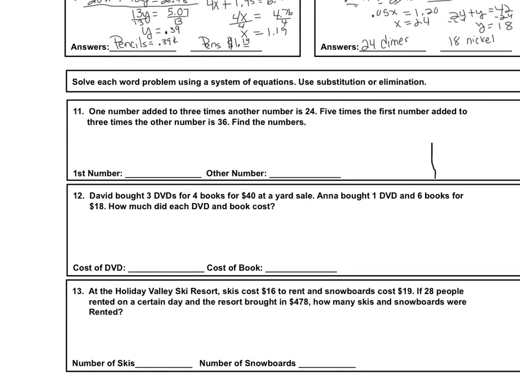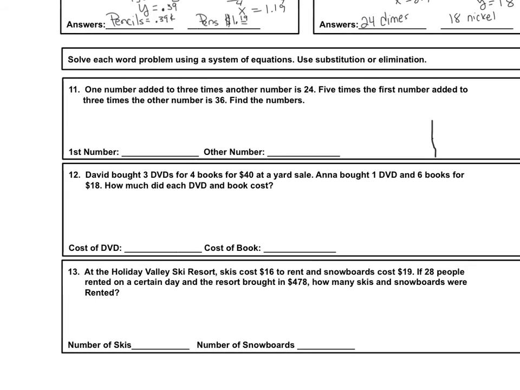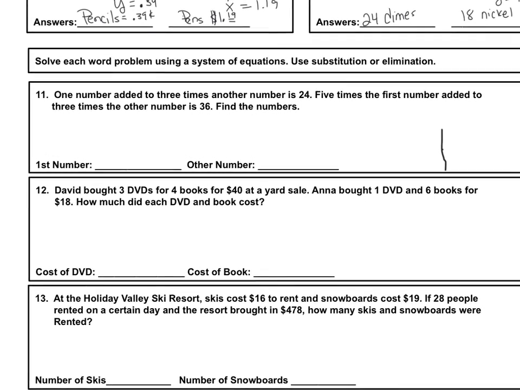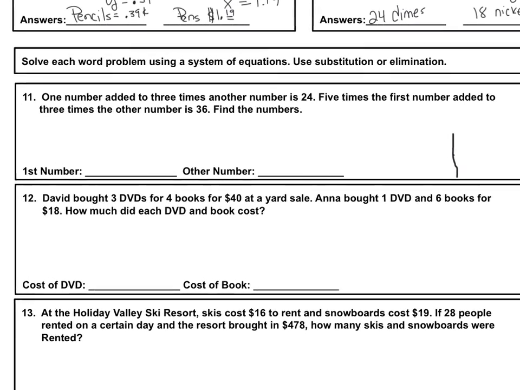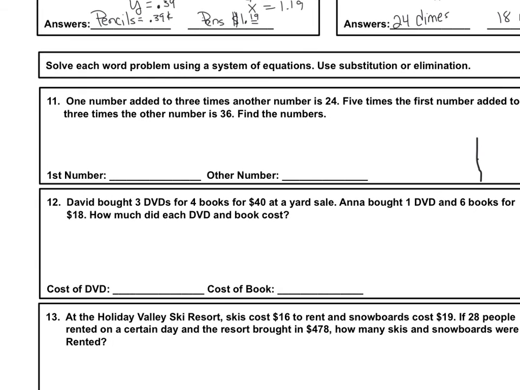All right, now, let's see. Solve each word problem using a system of equations. Use substitution or elimination. So one number added to 3 times another number is 24. So our numbers are going to be x and y, right?